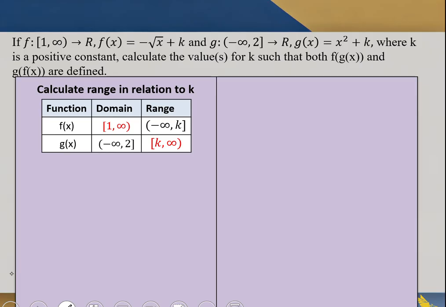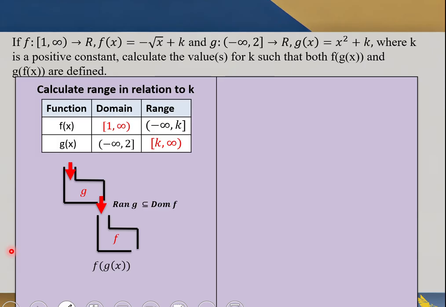Now we need to use our diagram from earlier to see what makes sense. The first function that we're going to be looking at is going to be f g of x. So we get our g in, and then we're looking at our range of g is a subset of the domain. This first part actually helps us out quite a bit.